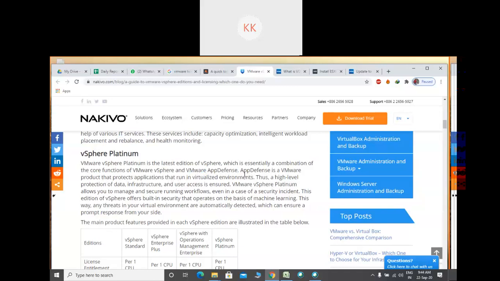Actually, this AppDefense and CloudTrail in Amazon, and WatchGuard, these are all products based on artificial intelligence. They have the capacity of finding the intruders or threats automatically.